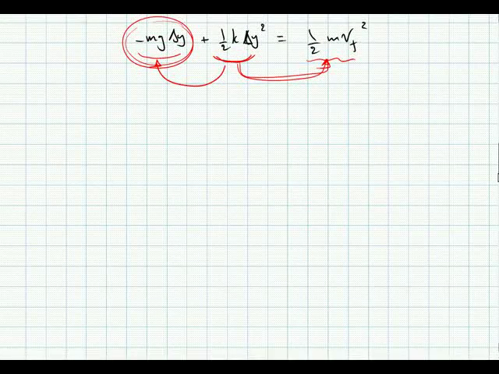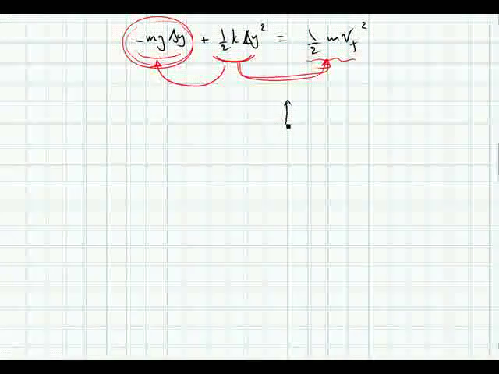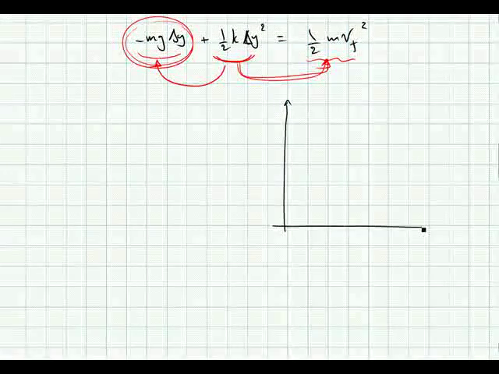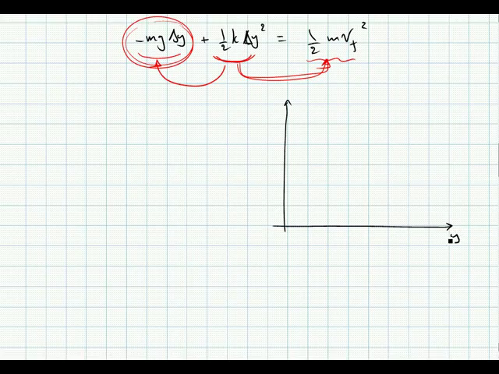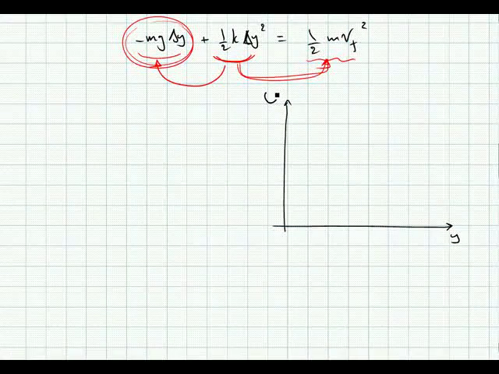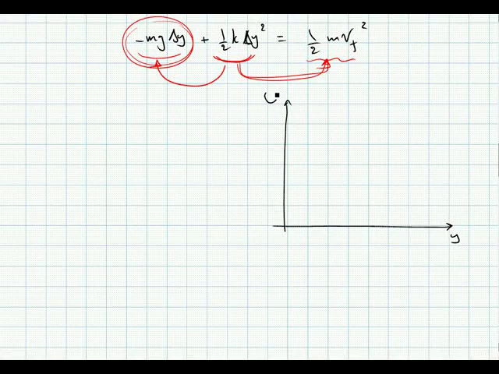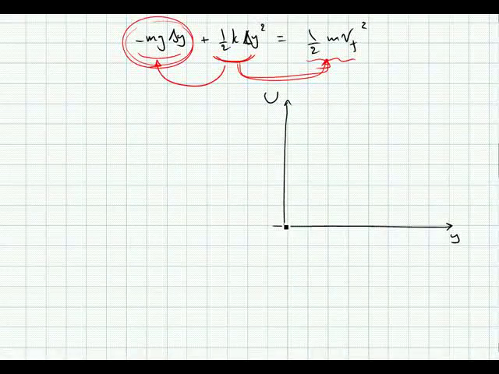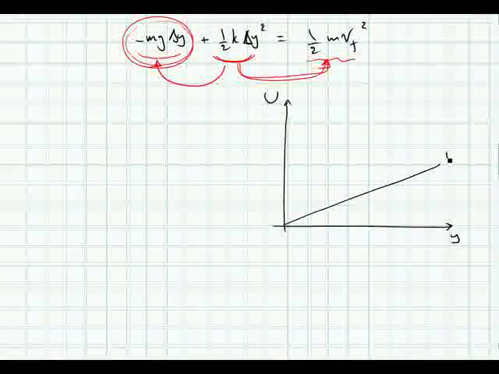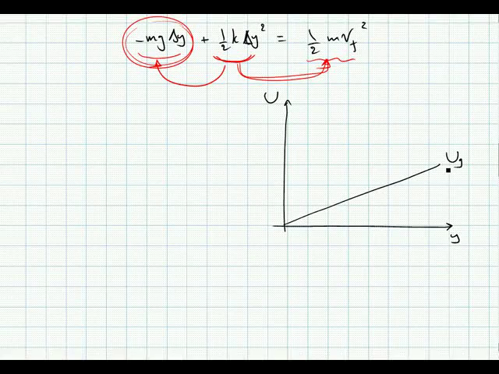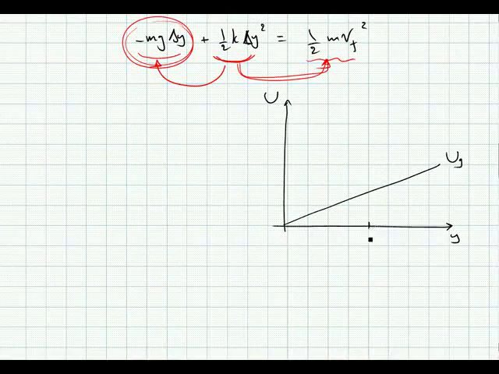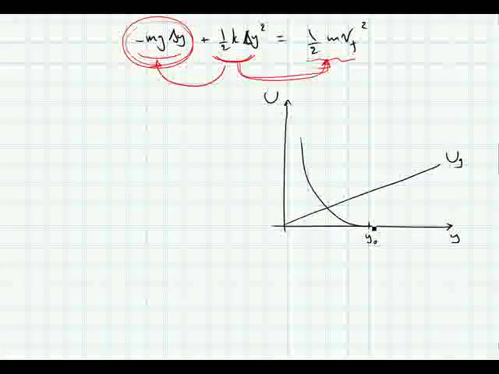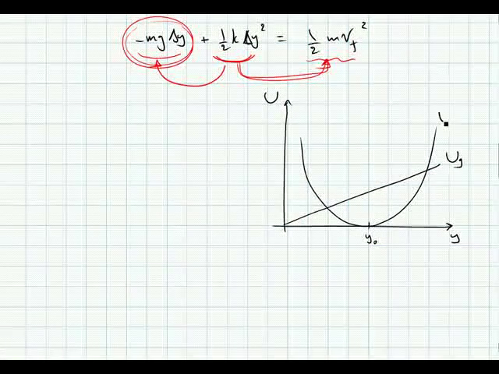If we take a look at the energy diagram for a spring which is compressed along the vertical, this is in the y direction, this is u. Now there are two potential energies involved, so we have a straight line for ug, that's gravitational potential energy, and if this is y naught, we have a parabola for us.